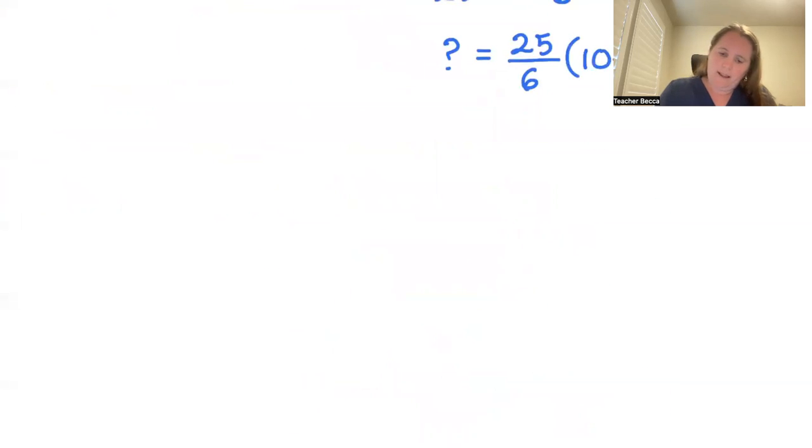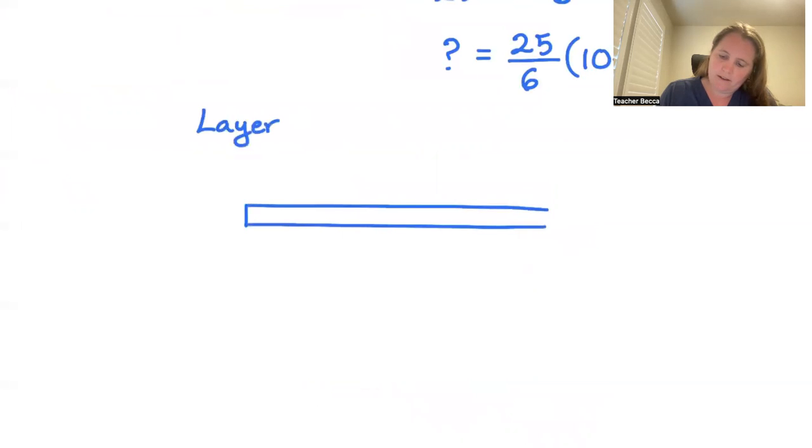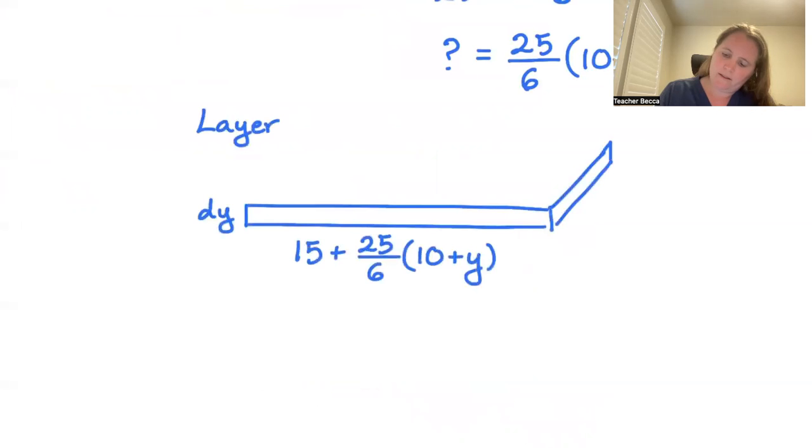So our layer, we have height dy, length of 15 plus 25/6 times 10 plus y. And then our width is 30.